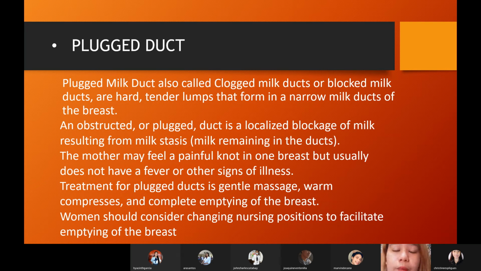Because if only one part of the breast is functioning, or being drained by the baby, while the other part is filled and not emptied, that may be one of the causes of the pain or blockage. So it is advisable to change position from time to time.